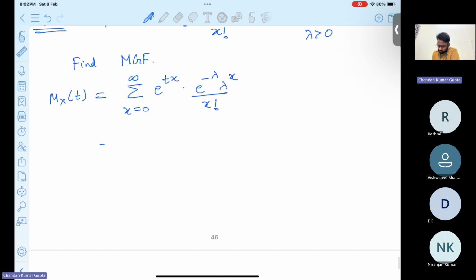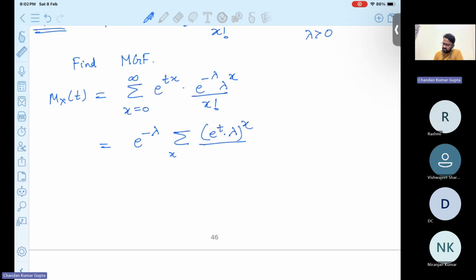Again, e to the power minus lambda is taken common, and the summation over x of e to the power t x and lambda to the power x, so that means e to the power t into lambda whole to the power x divided by x factorial.